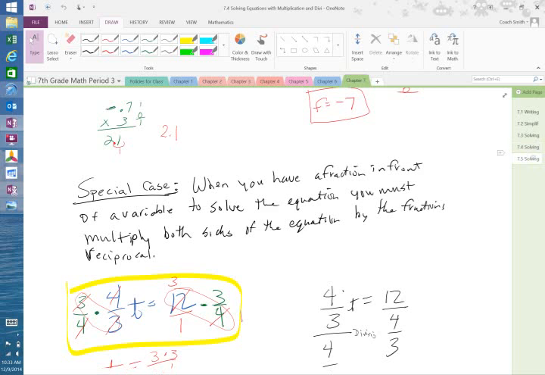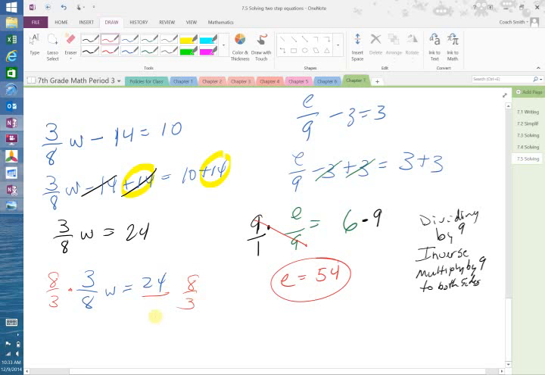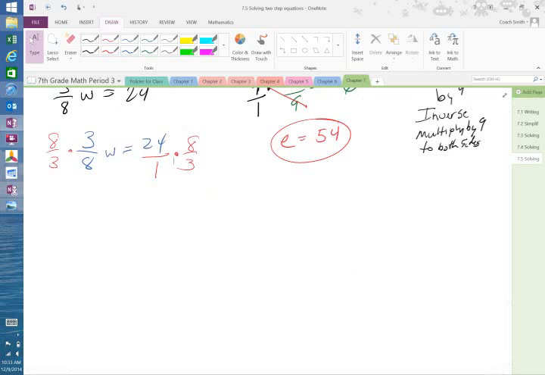Okay? So back here then, we have 3/8. I'm going to rewrite it to give me more room. So I have to take and multiply by the reciprocal, 8 over 3, to both sides. Okay?